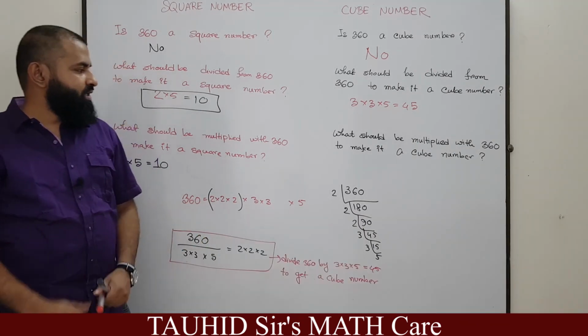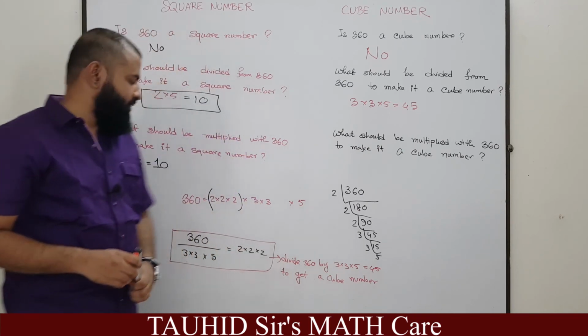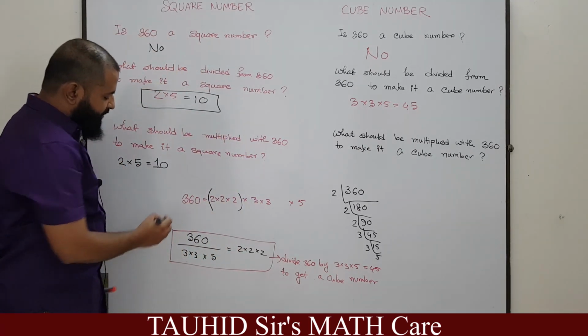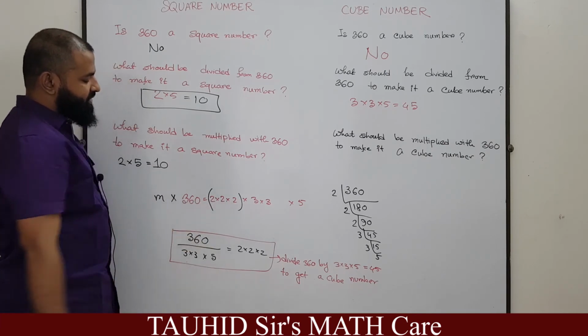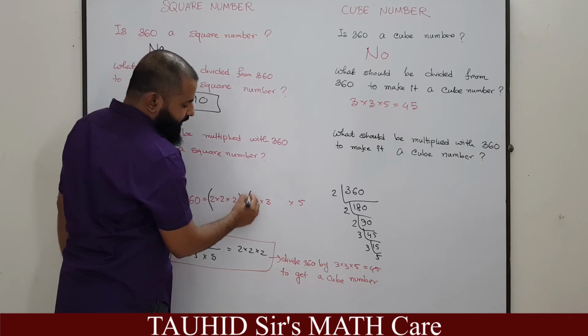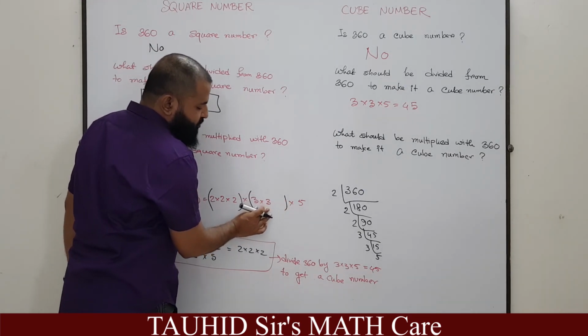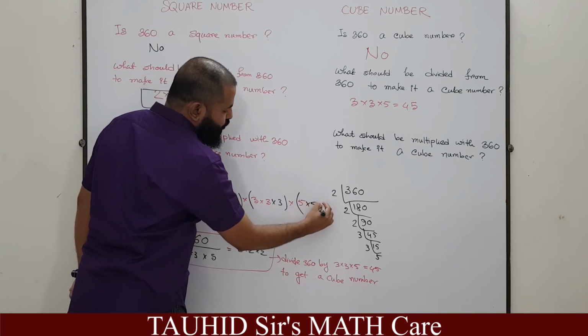And the final question is, what should be multiplied with 360 to make it a cube number? This time we will multiply it by something, let's say m. m is multiplied with 360. We have three 2's here, but only two 3's, so we need another 3. Here we need another two 5's.